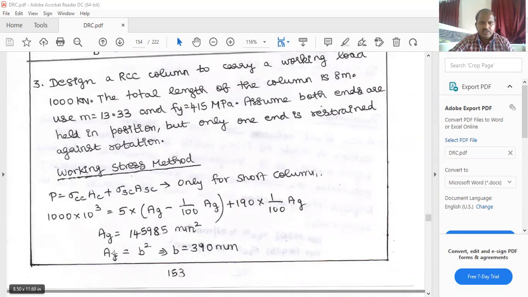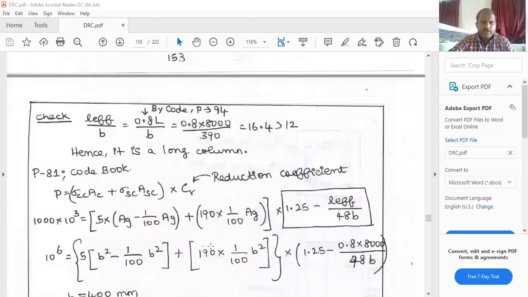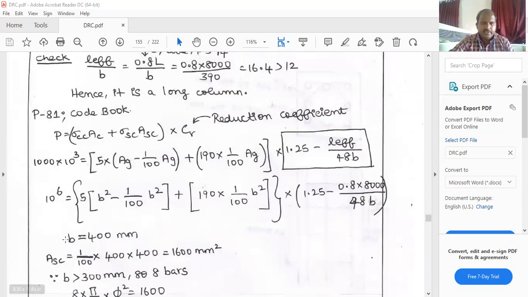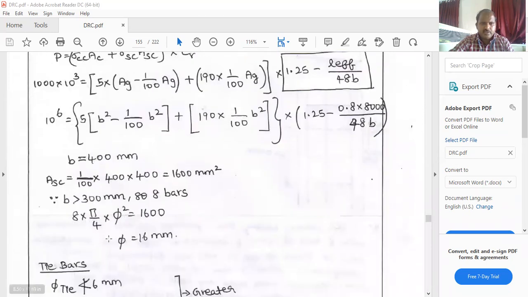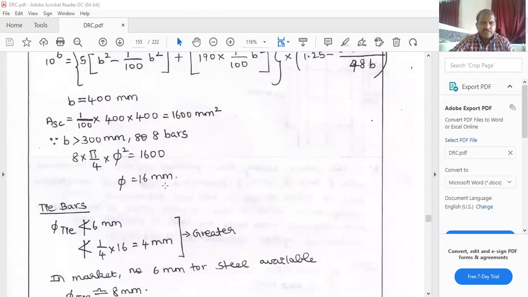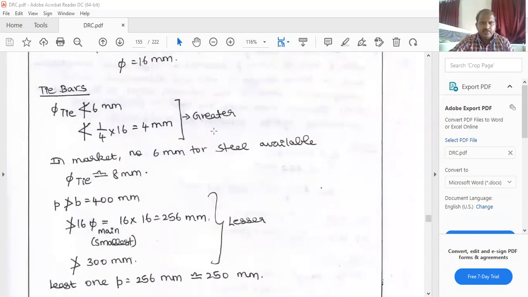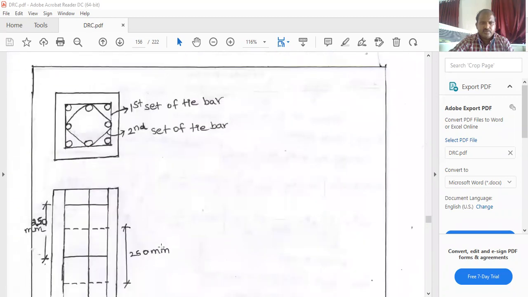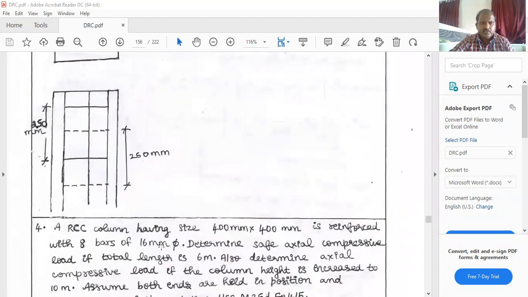We have to find out Ag, B equal to 390 mm, and check for effective L divided by B, that is equal to 16.4. It is greater than 12. Next, B is 400 mm and A is equal to 1600 mm square. Finally, the diameter of the bar is 16 mm. The ties are made of 6 mm at 250 mm spacing. So these are the cross-sectional dimensions of the steel bar.